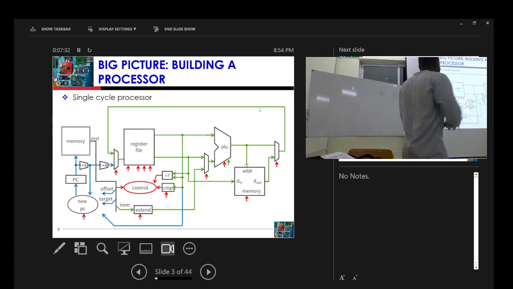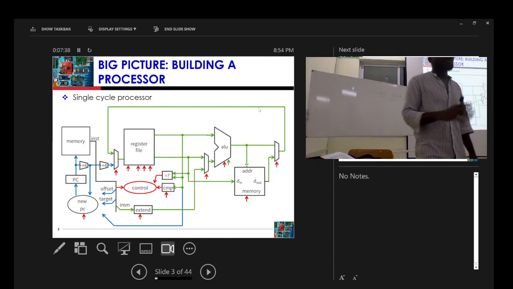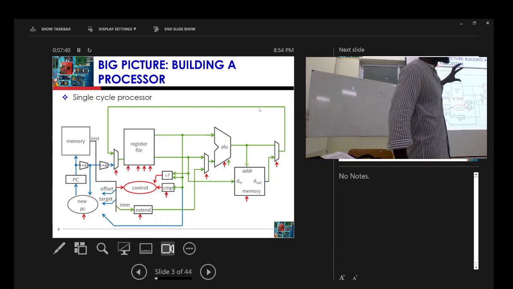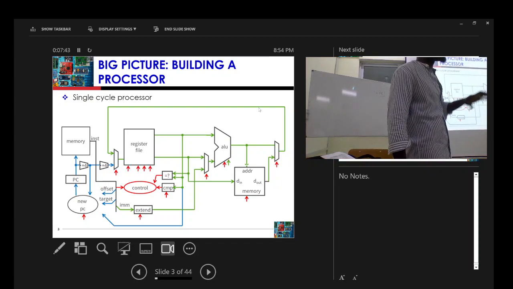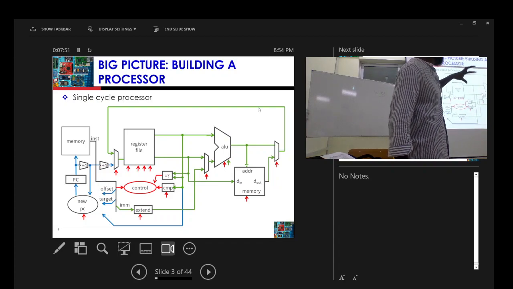Okay, so this is the architecture here. I'm showing this a lot of times, right? This is the architecture of our RISC-V CPU. It looks like this. The Intel ones also look like this, but each CPU design has these components. It has memory, register file, ALU, PC, all these components.